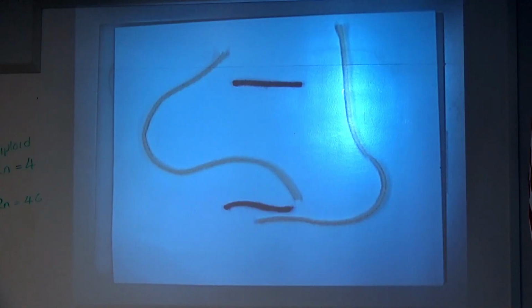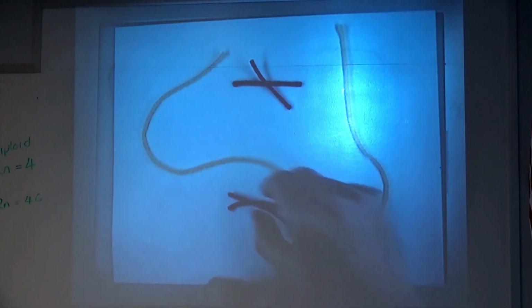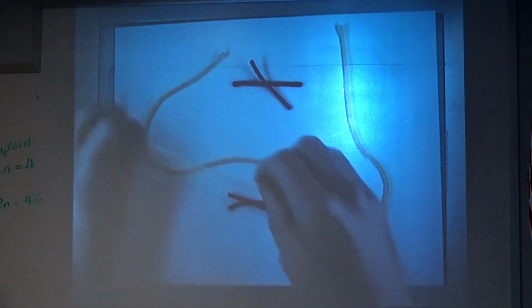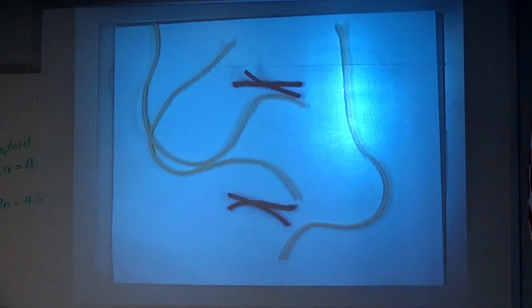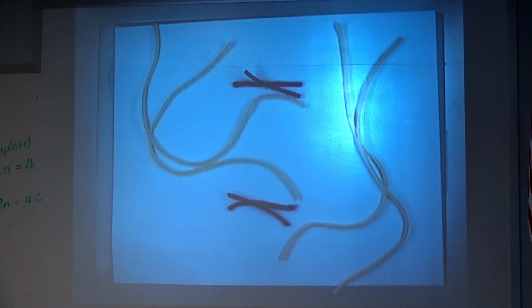So when we replicate the DNA, each chromosome is going to end up looking like an X. So now I have 4 replicated chromosomes. I replicated each individual one, so now I've got 4 X's. Remember that?